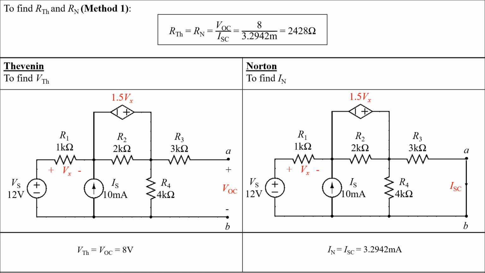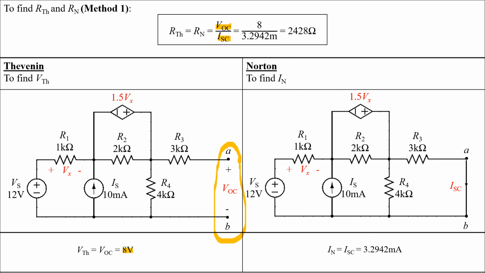Let's check if we are able to find the Thevenin and Norton resistance using method 1, that is VOC divided by ISC. If we find the Thevenin voltage using nodal analysis or mesh analysis, we will be able to get the Thevenin voltage equal to 8 volts.